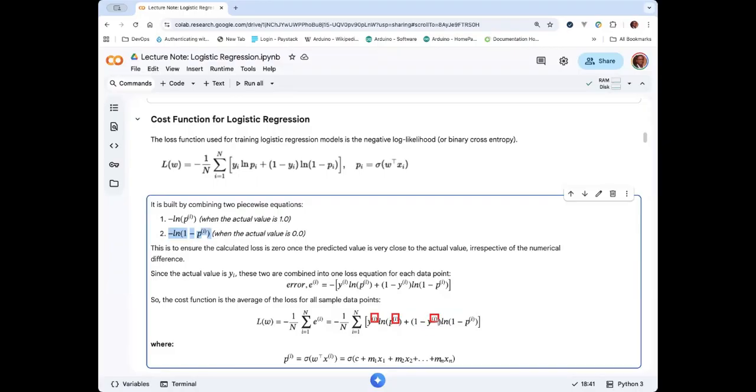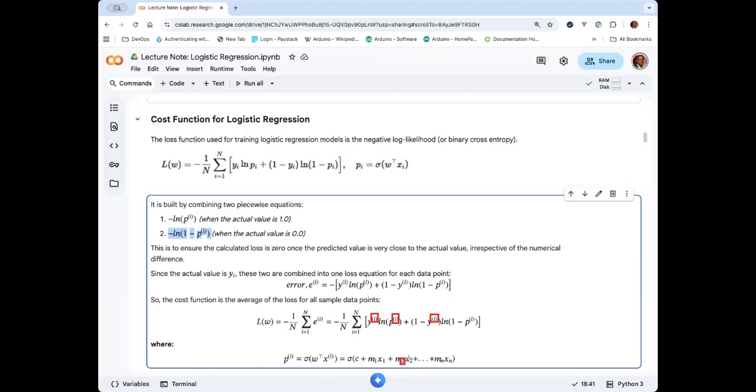So i in bracket superscript means the ith data point, in other words, the ith sample. While if we use i as a subscript, that will refer to the feature, or j or k, whatever. But if it is a subscript, it refers to the feature.